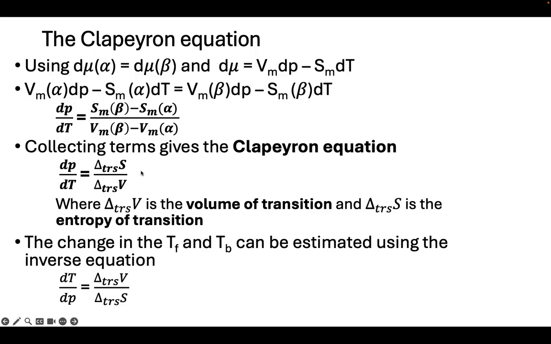This whole thing is called the Clapeyron equation. Sometimes we want to do the opposite and just take the reciprocal. So instead of dP over dT, you do dT over dP and just flip things here, because we're sometimes looking at how much it goes in reverse.